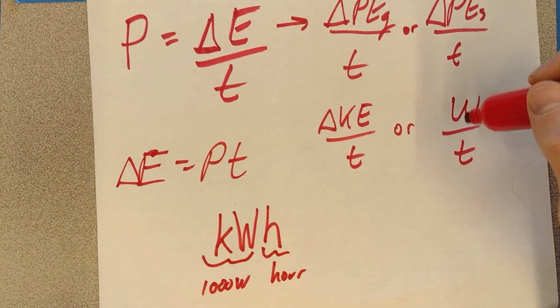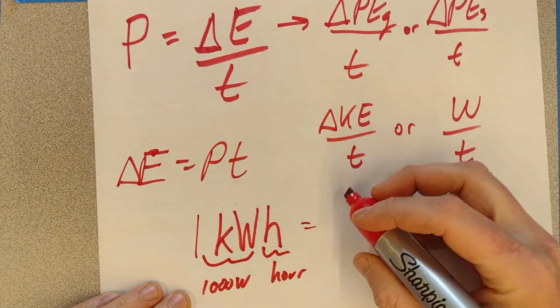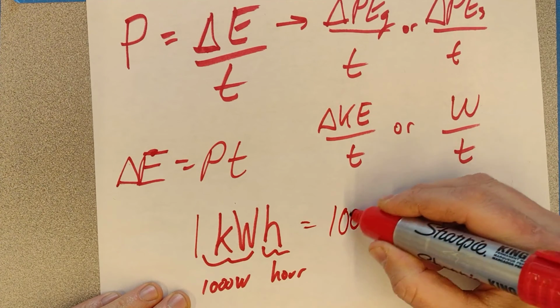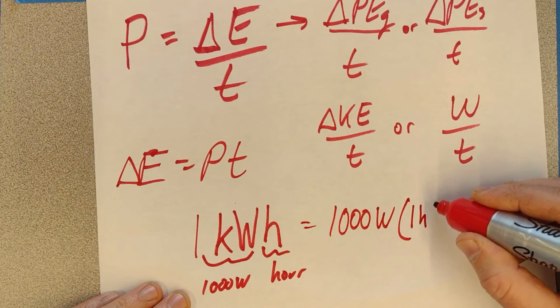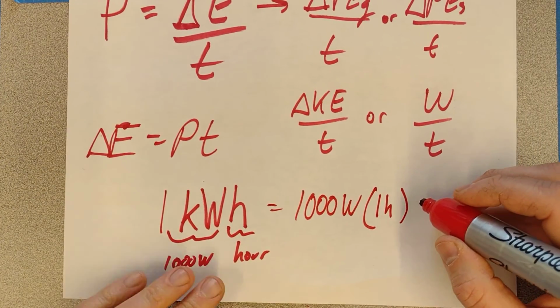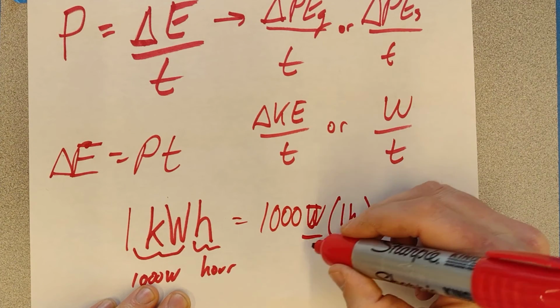All right. So actually, we could do that now. That's kind of an interesting thing. 1 kilowatt hour equals 1,000 watts times 1 hour. Then a watt is a joule per second, so I'll write it as joules per second.